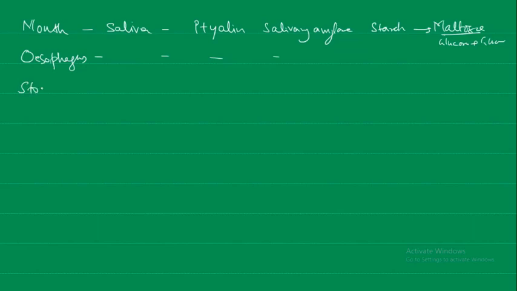Stomach, it produces two important enzymes that are part of the gastric juice, that is pepsin and renin. Both of these are proteases, that is, they break down proteins. Pepsin will break down the protein into peptides.